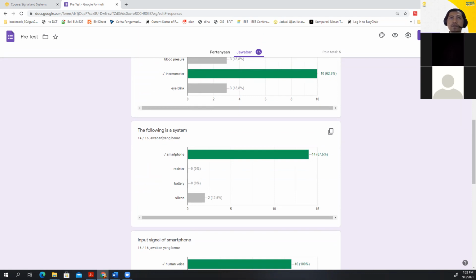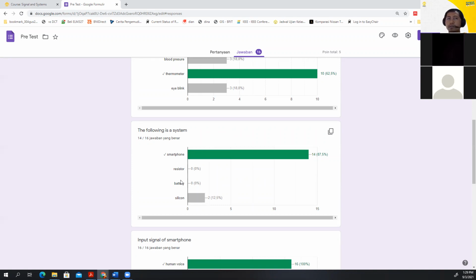Okay, maybe move forward to the following system. The following is a system. What kind of system? You can see here, smartphone is a system. Why? What is the definition of system then? Comparing to the resistor, resistor is a device.